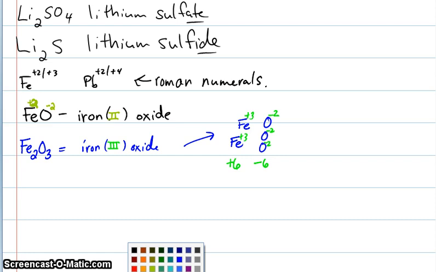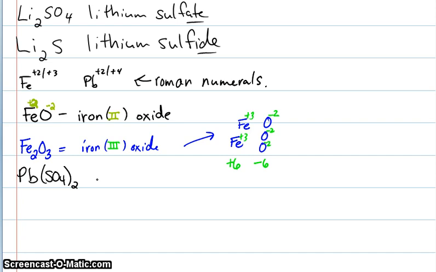One more, maybe 2 more examples. What about Pb(SO4)2? Now, for the people who like to crisscross backwards, they will get this one wrong. That's why I do not like for you to use that method. That's definitely lead, and SO4 is definitely sulfate.